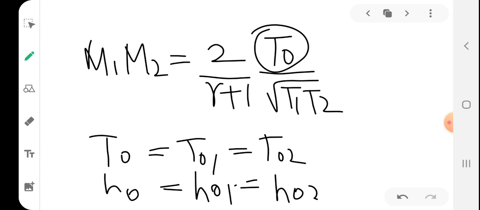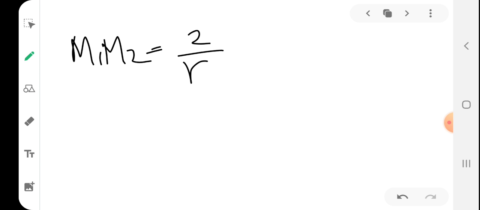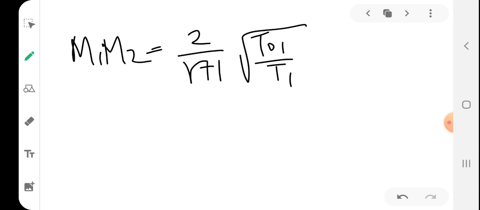So instead of T0 you can write root T01 into root T02, because root of T01 into root of T02 will yield you T0 itself, right? So I am substituting that value: M1 M2 is equal to 2 by gamma plus 1 into root T01 by T1 into root T02 by T2.